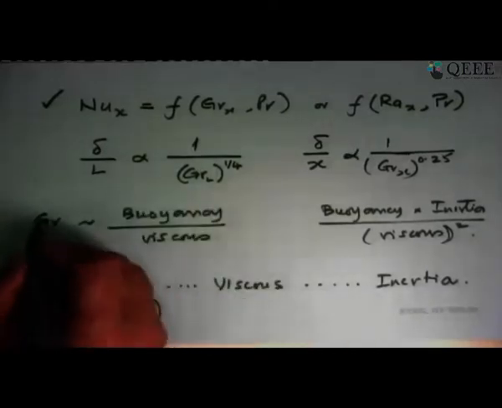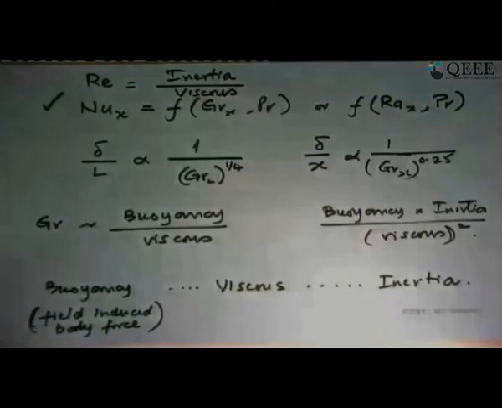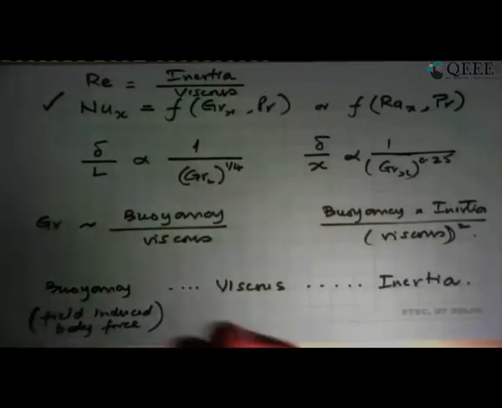The next thing is, let's see, in terms of the ratio of various forces, what Grashof number really represents. Earlier, when we looked at forced convection, we got Reynolds number, the ratio of inertia to viscous forces. Inertia force is what we learned from the first law of motion, the ability of something to keep moving in the same velocity direction unless something else happens.